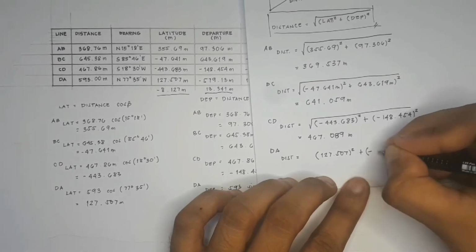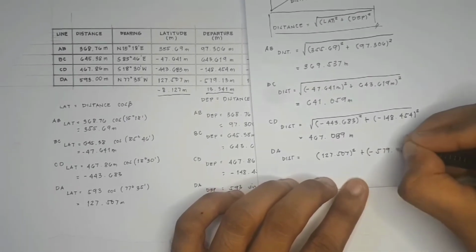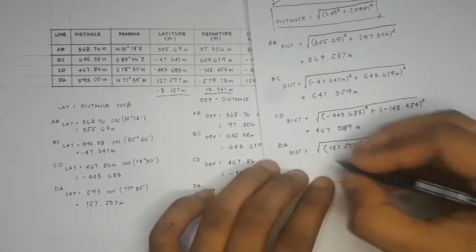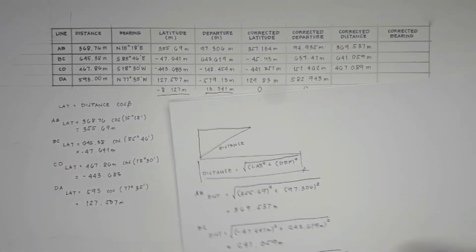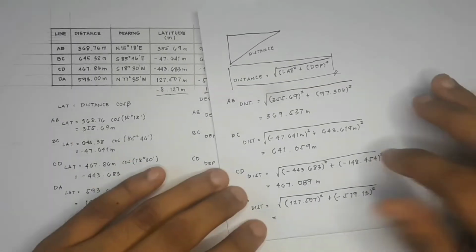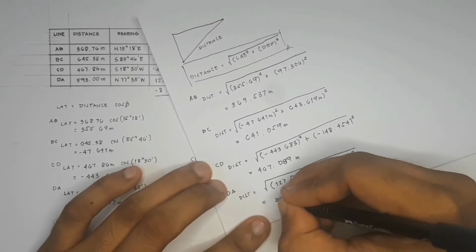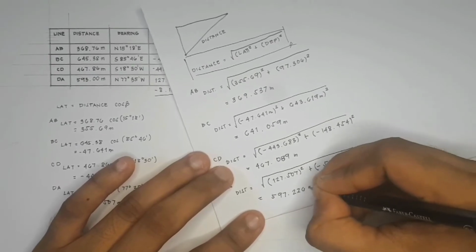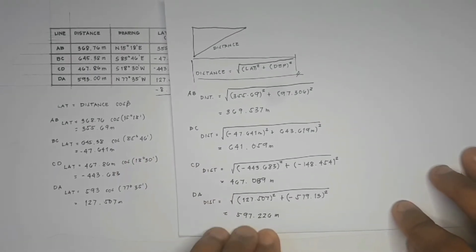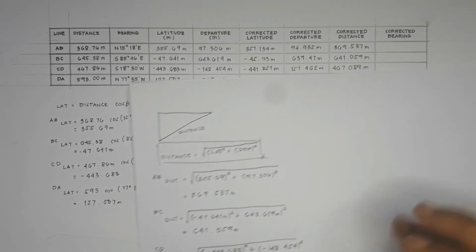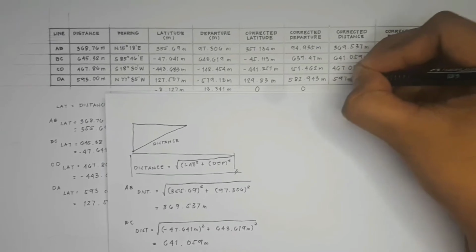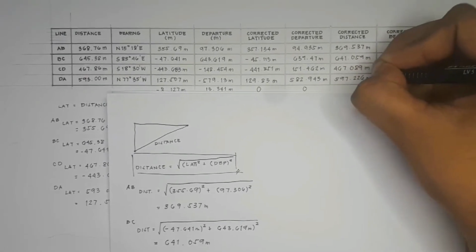So we have negative 579.13 squared, and this will give us 597.226 meters, and this will be our distance for line DA.